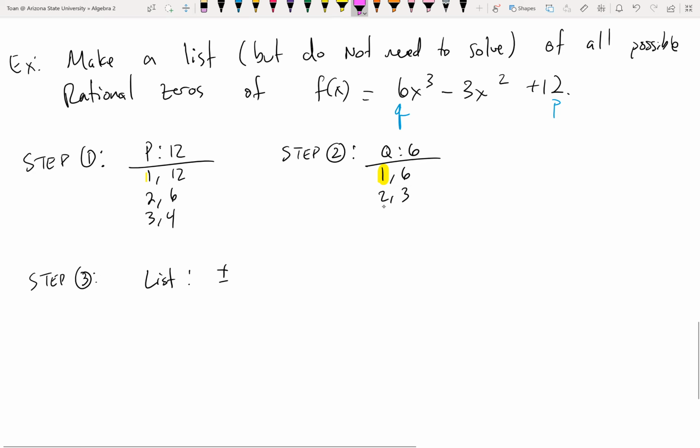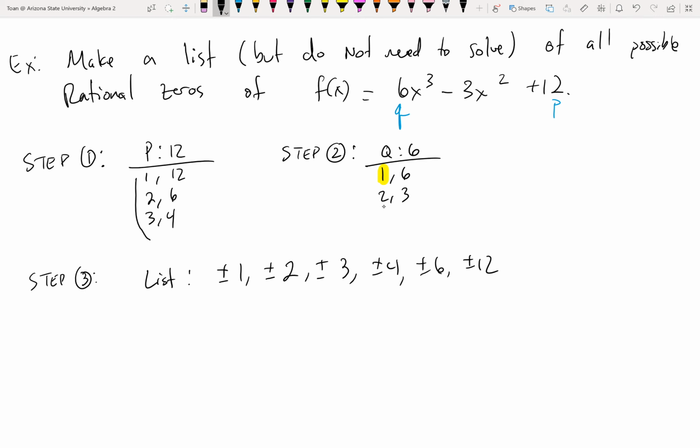What is 1 divided by 1? Well, of course, that's 1, plus or minus. What is 2 divided by 1? That's 2. What is 3 divided by 1? That's 3. What is 4 divided by 1? 4, 6, 12. I think that part was pretty easy. Do you guys agree that we went through the full cycle of all the P values by dividing by 1?